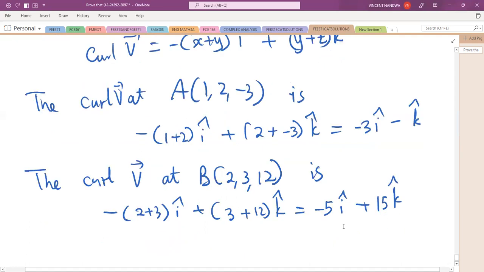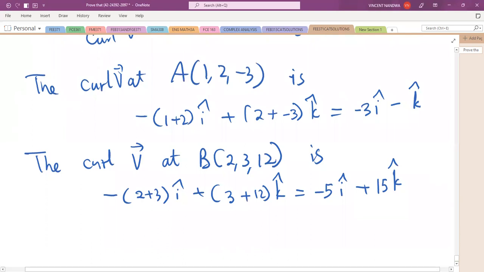Then to show that two vectors are perpendicular, let's call this one V1, let's call this one V2.